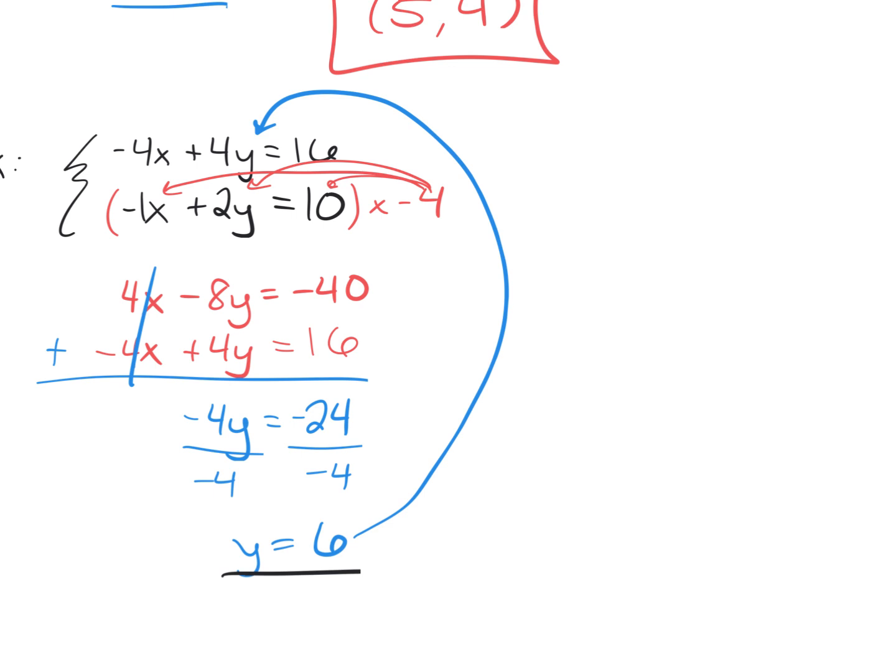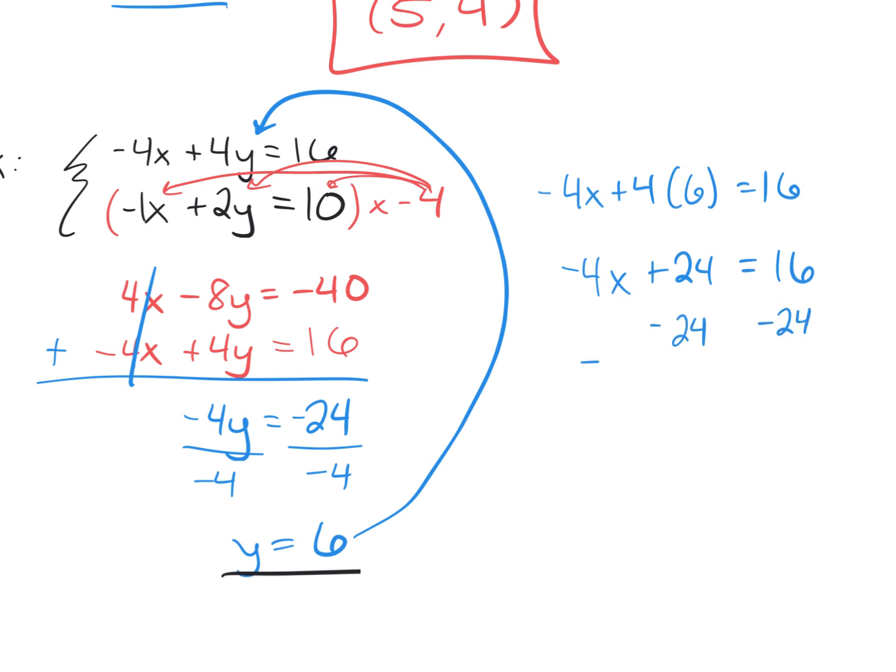miscommunications. So I have negative 4x plus 4 times 6 equals 16. What do I do first? 4 times 6. Yep. Negative 4x plus 24 equals 16. Next step, subtract 24.